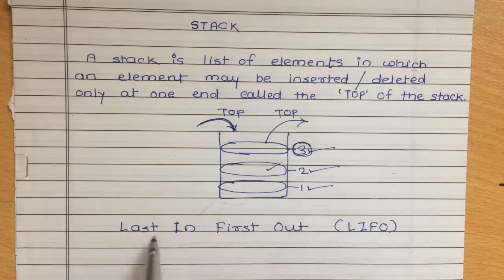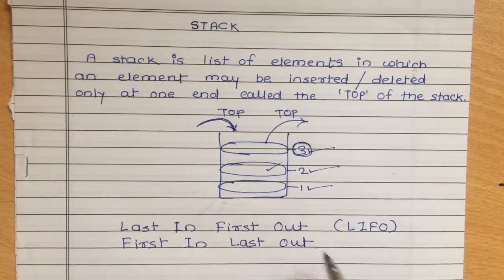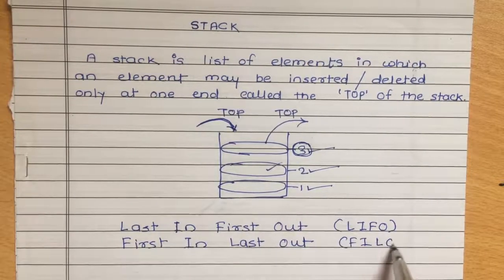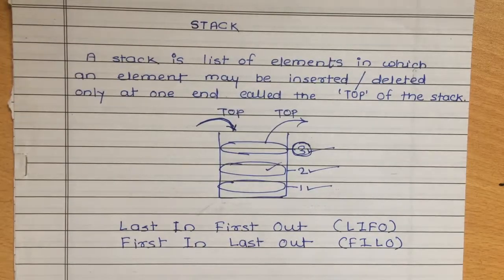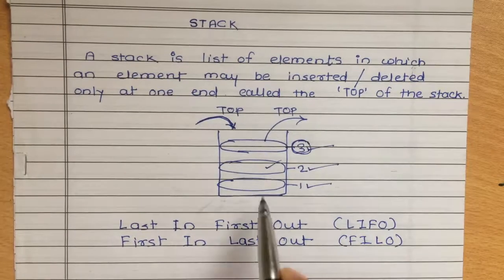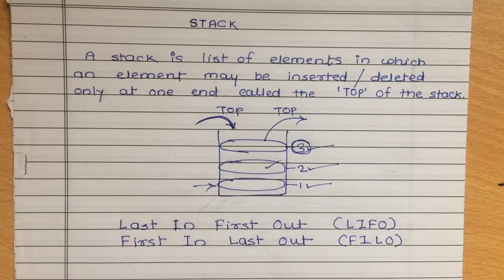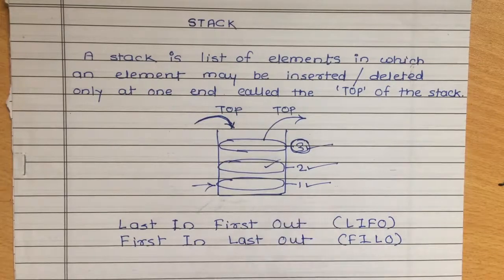That's why this is called last in first out, or the alternative name we have is first in last out. The stack is also called first in last out, that is whichever element we insert first will get removed at the last. Here I inserted the first dish at first, so I will remove that dish at the end.